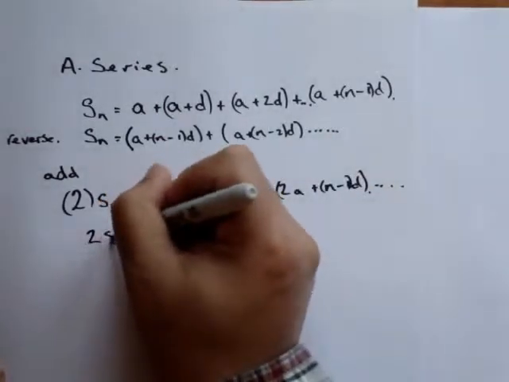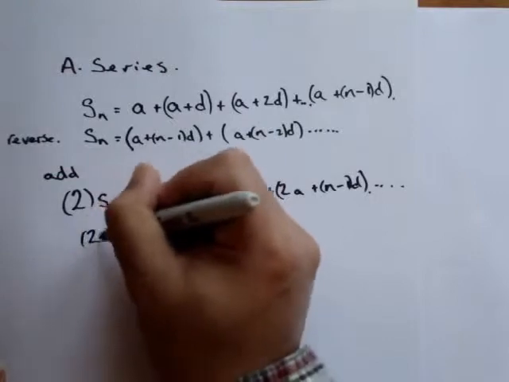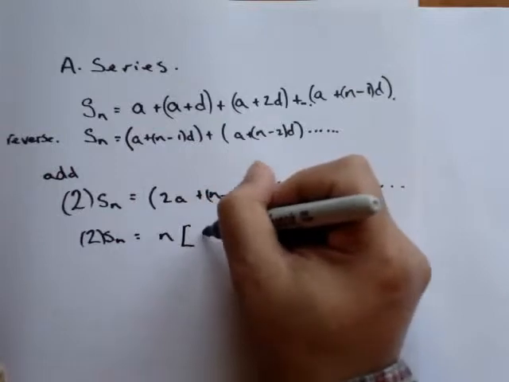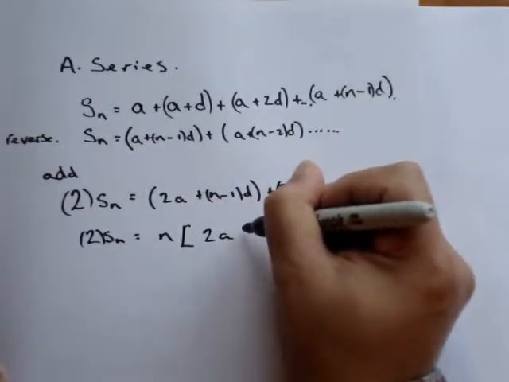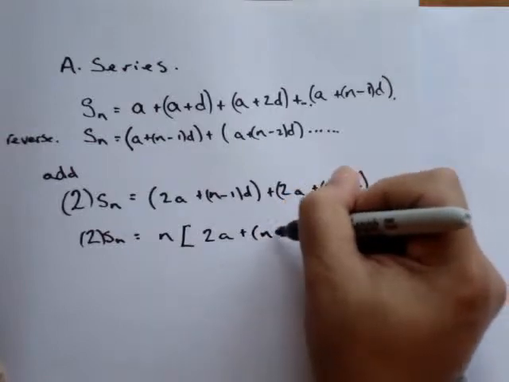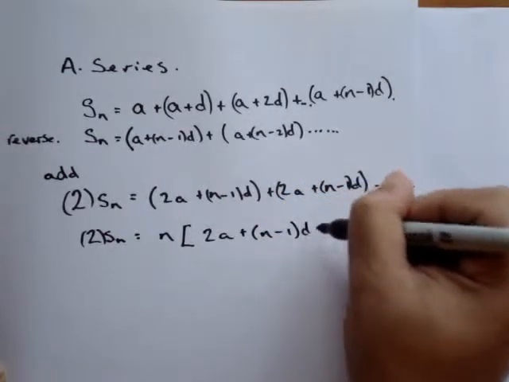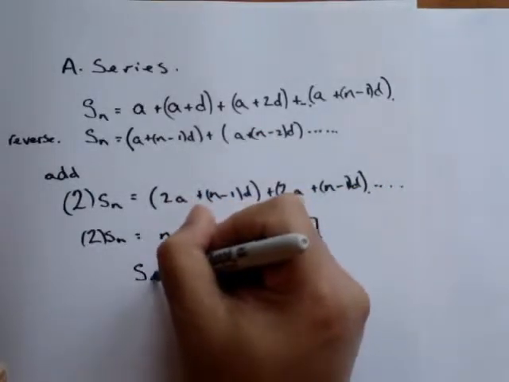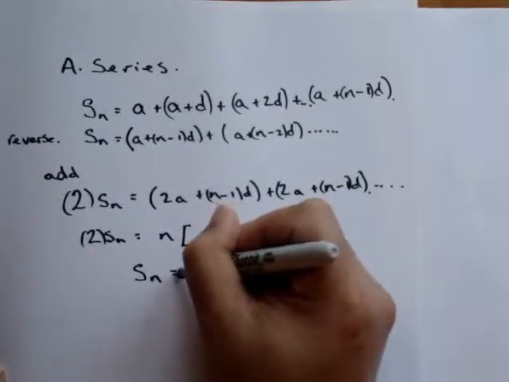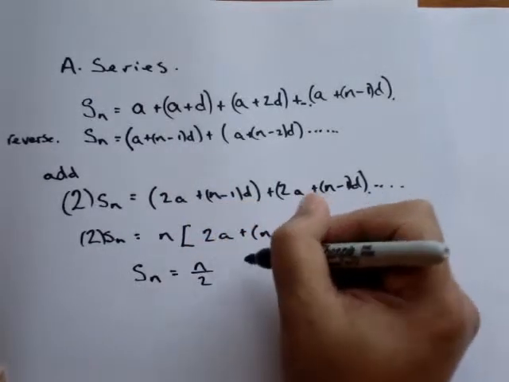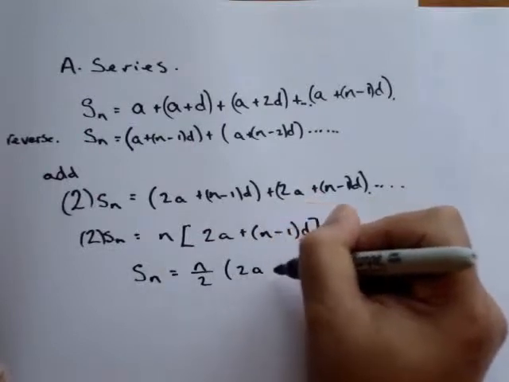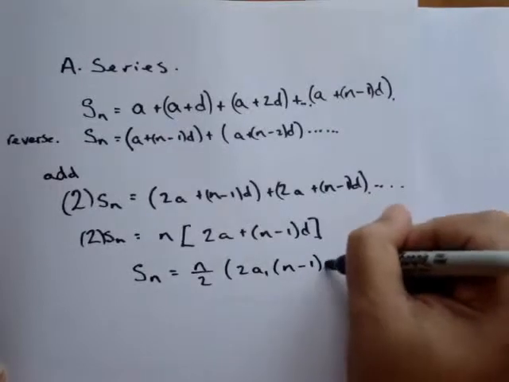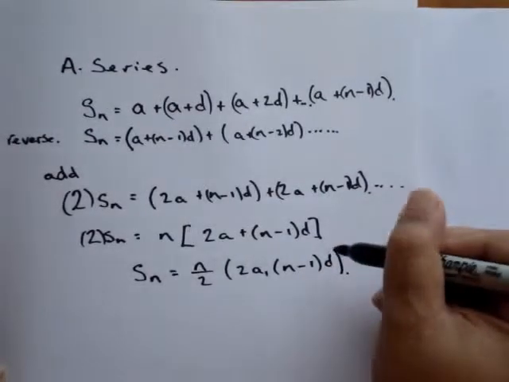So twice the sum of terms equals n(2a plus n minus 1 multiplied by the common difference), and when we divide by 2, the sum of terms is n over 2, (2a, which is the first term, plus n minus 1 multiplied by the common difference).